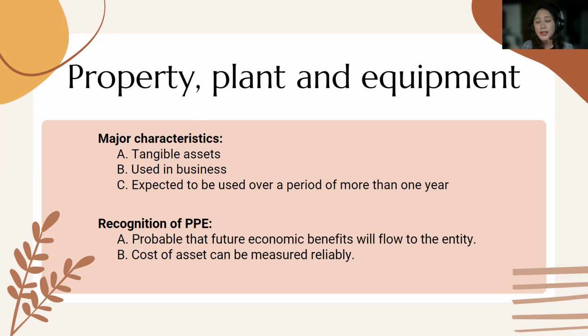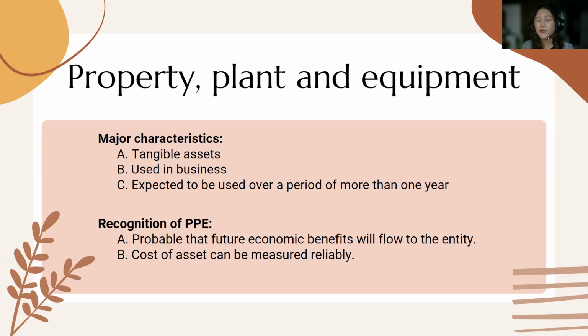Next, used in business. So, meron tayong mga building, lupa, and equipment na pwedeng meron tayo nun, pero hindi naman natin ginagamit for business. Ginagamit natin for other purposes. So, in order to qualify as property, plant, and equipment, it should be used in the business or used in the major operations ng business mo. And also, it should be used for a period of more than 1 year.